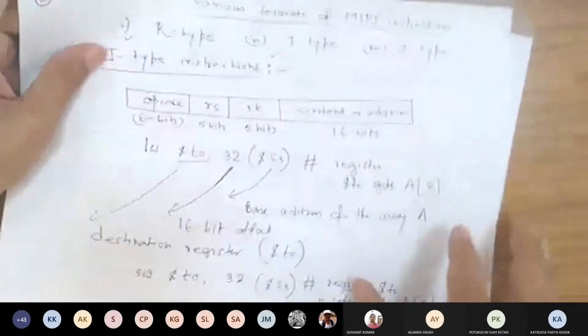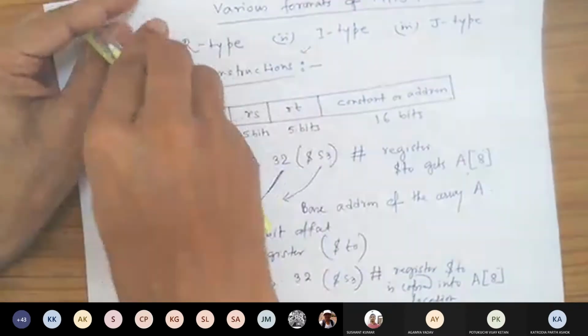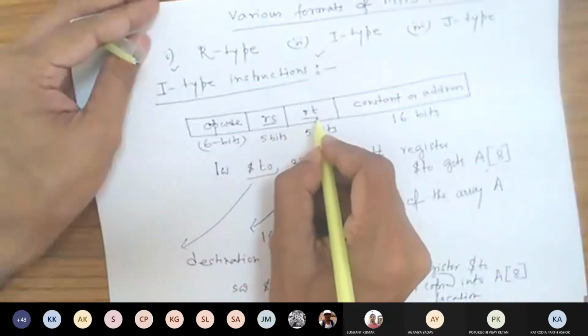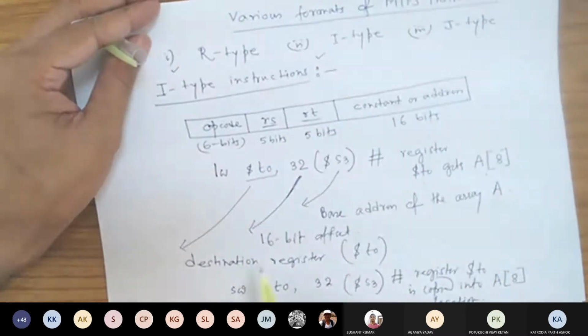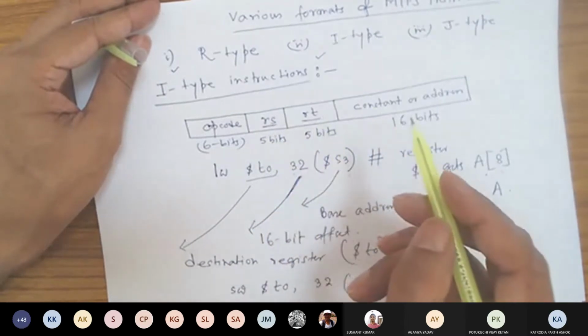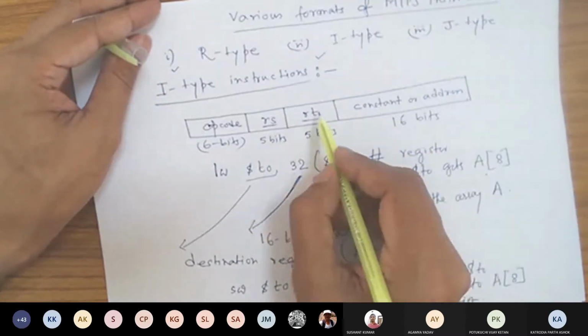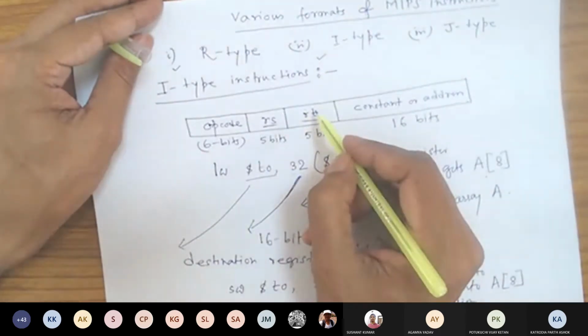How are these two instructions encoded? Forget about the letters I have used as RT. You know that in case of load, one will be source and one will be destination. In case of store, both will be source.